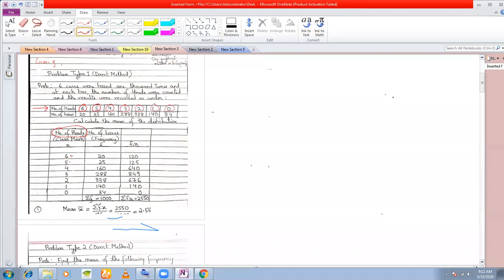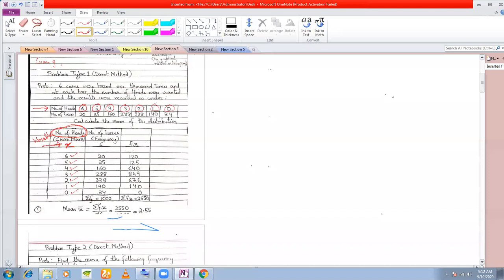Now I have called this x, because this is my variable whose mean I have to determine. I have to determine the mean number of heads. That is why I have called this x.